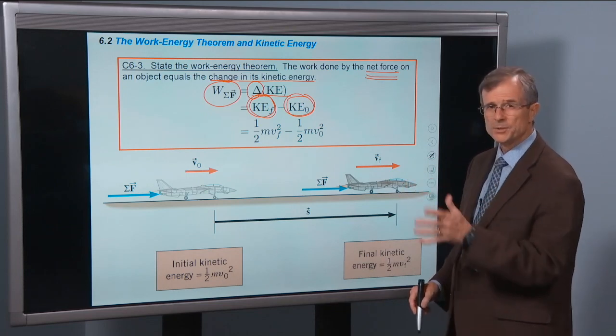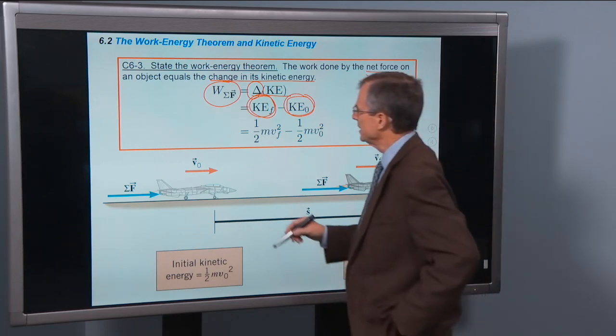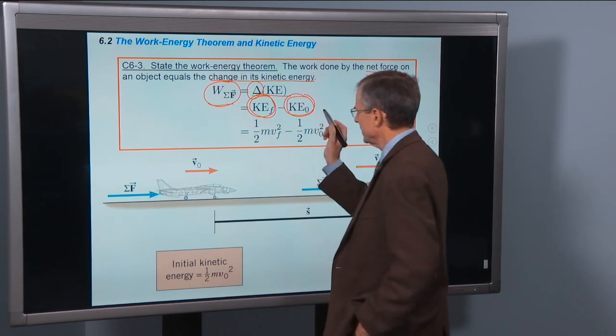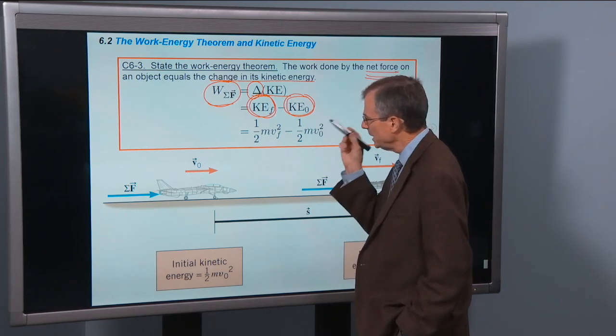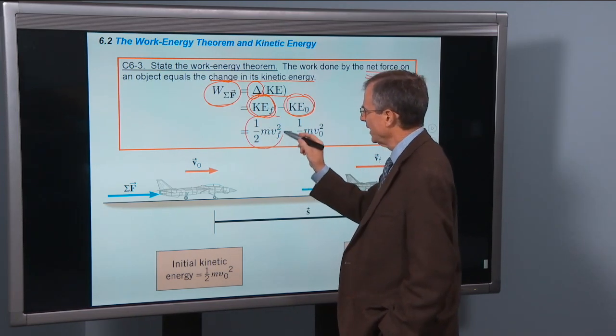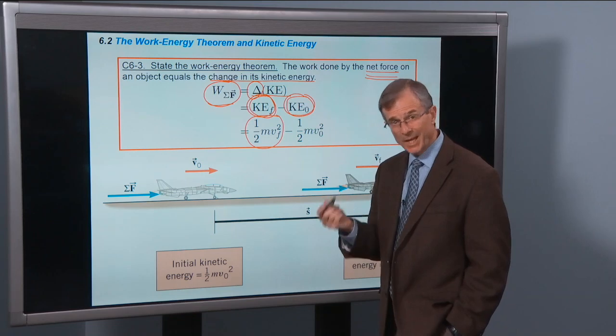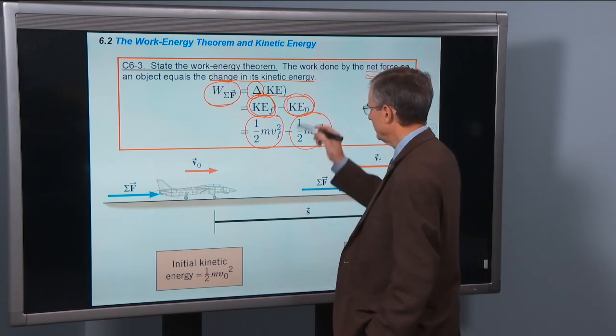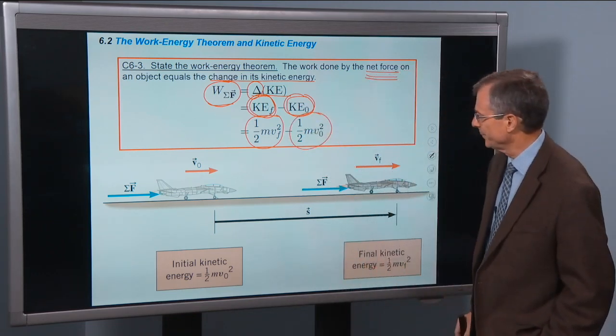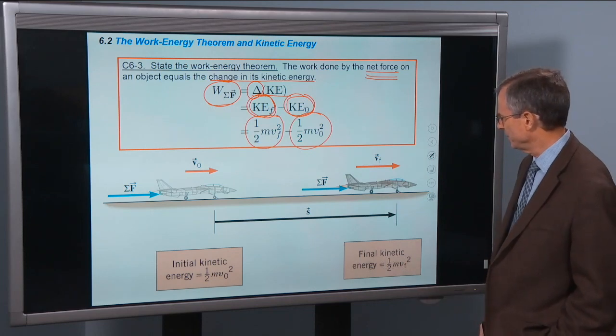And what the work-energy theorem states is that the work done by the net force is that change in kinetic energy, meaning that it's the final kinetic energy, 1/2 m v_f squared, minus 1/2 m v naught squared, by the definition of kinetic energy.